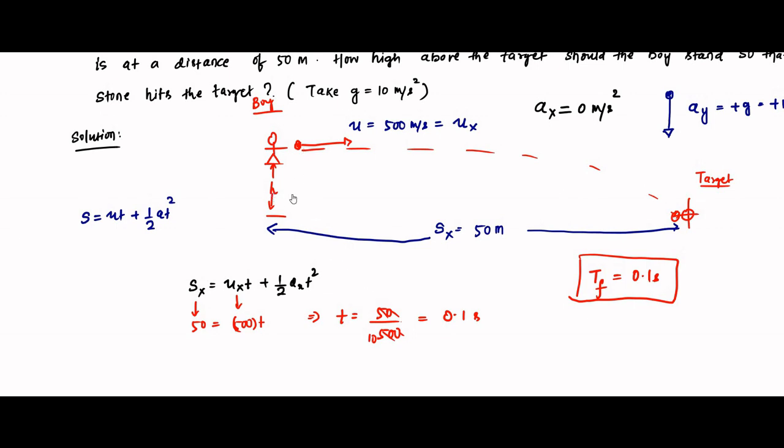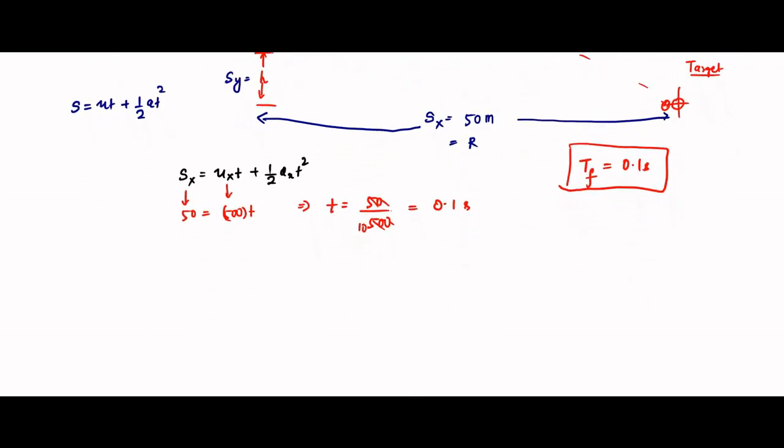This height is nothing but the net vertical displacement, Sy, of the stone. And the distance between the boy and the target was the horizontal range, that was the net displacement in the horizontal or x direction. So here we'll be using the equation Sy is equal to uy t plus 1/2 ay t square.